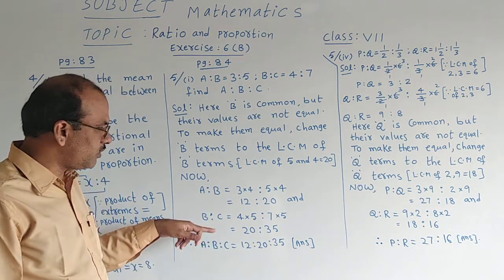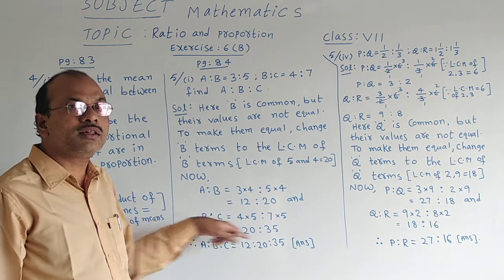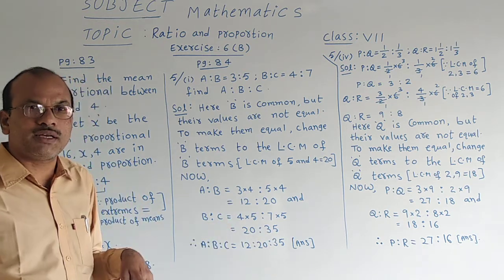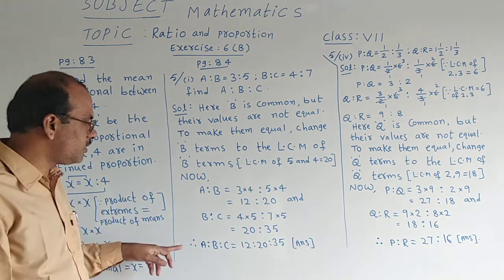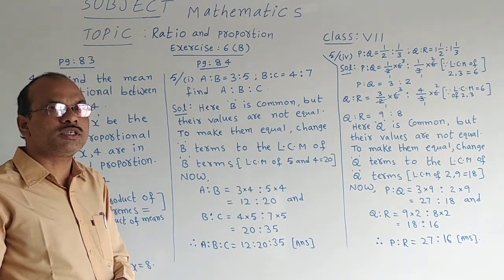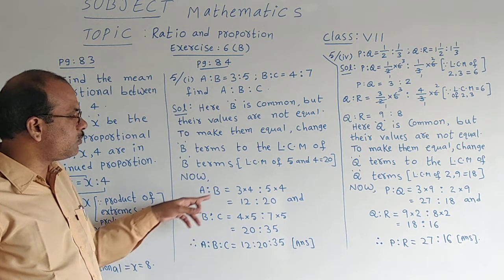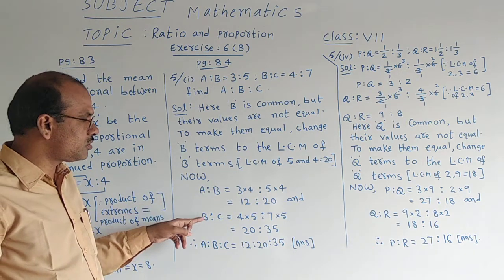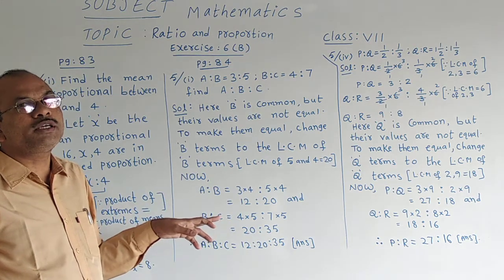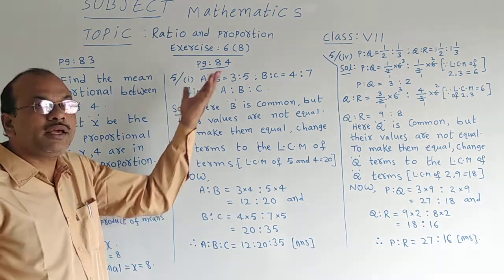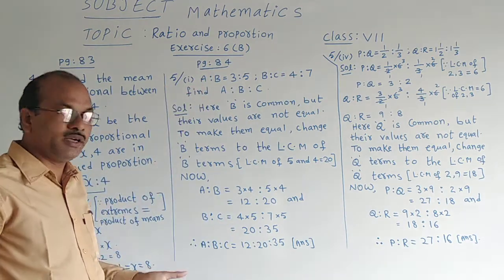No common table for all the three numbers to make them cancel. And those three terms remain the answer for A is to B is to C. Since B is common in both the ratios, we have to equalize those B terms with the help of their LCM. That only we have done.